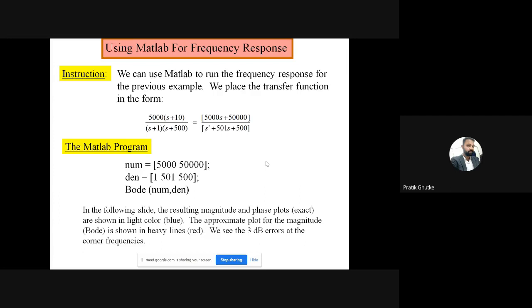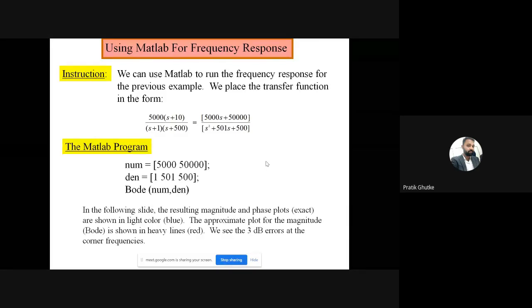So the Bode plot will be drawn in your MATLAB. If you are having MATLAB right now, you can try it on your own. Just define num equals to some numbers and then den equals to some numbers with spacing provided. Okay, and then you can give the instruction to MATLAB, that is Bode in bracket num comma den.